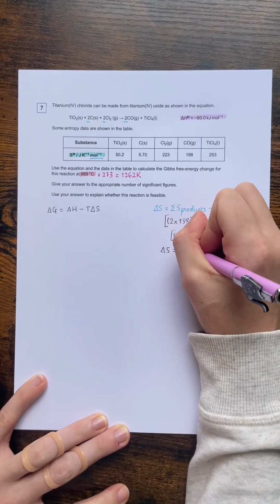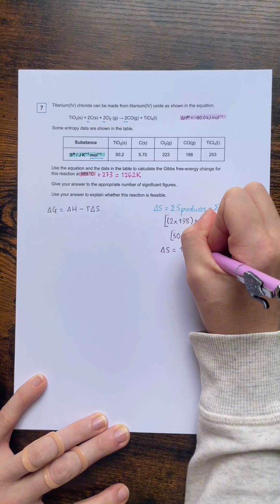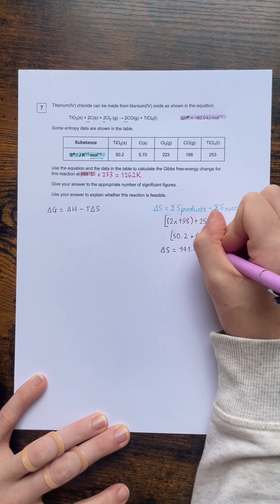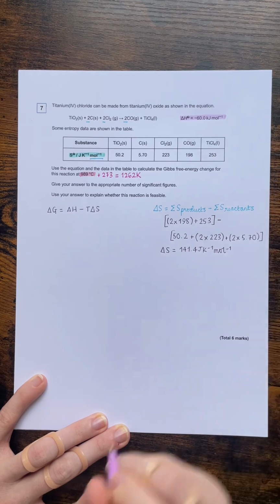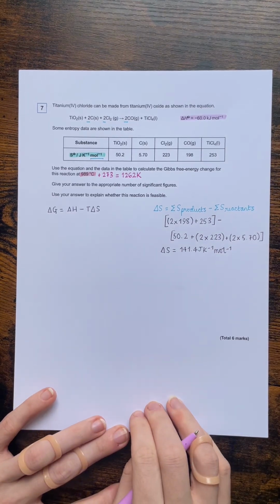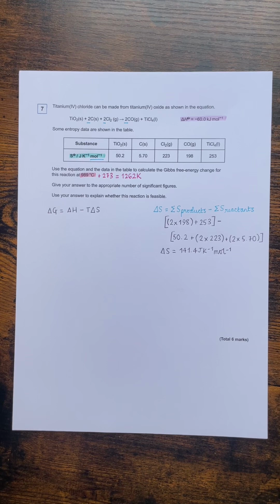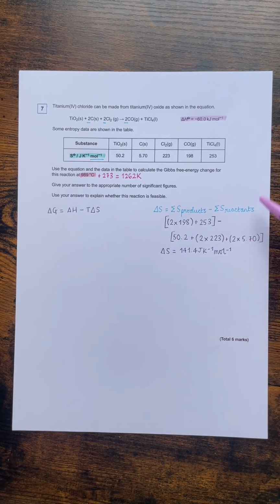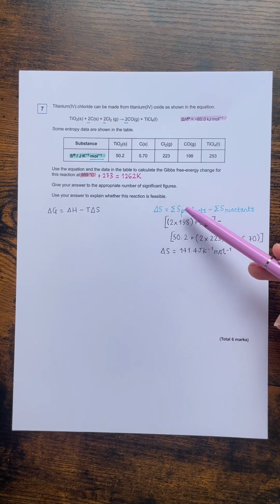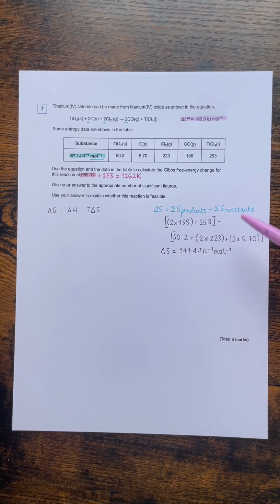of positive 141.4 joules per Kelvin per mole. It's positive, which I was predicting it would be, and of course don't feel you have to put all of that into your calculator all at once. I worked out what the sum of the products was first, which was 649 for this bracket, and then I did the same thing for the reactants, which came to 507.6.